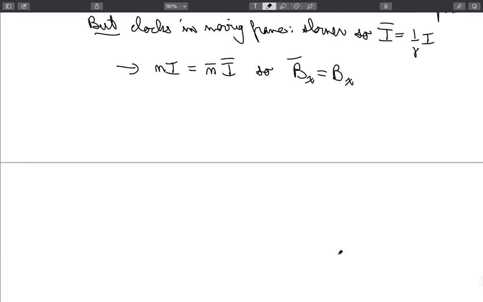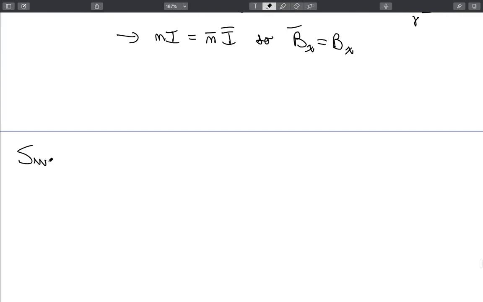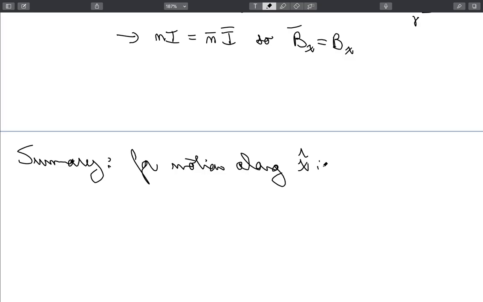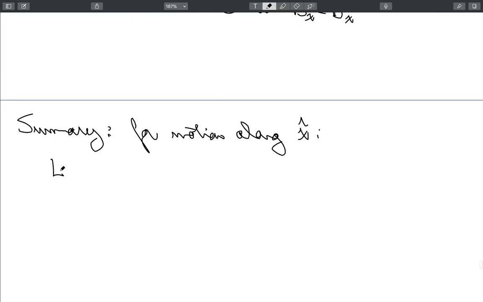So that gives us, in summary, the following transformation rule. So for motion along the x-axis, we have the following transformation rules. So the x components of the field are unchanged. The y component gets a blend between, sorry, that's a gamma. It gets a blend between the electric and the magnetic field of the original frame.